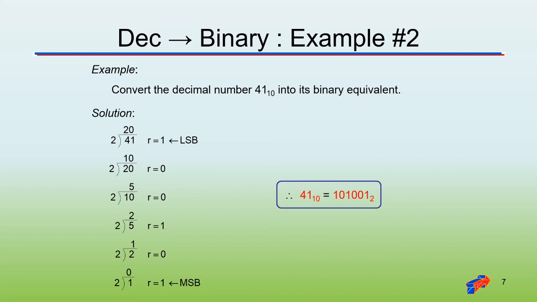So, we reach the most significant bit. Now, what do we have to do? We have to write all the least significant bits in reverse order. That is 1, 0, 1, 0, 0, 1. So, the decimal number 41 is converted to its binary equivalent, that is 1, 0, 1, 0, 0, 1 to the base 2.